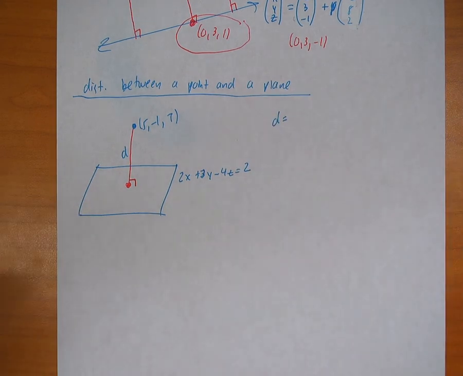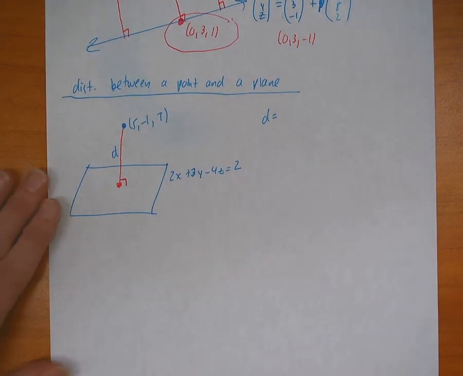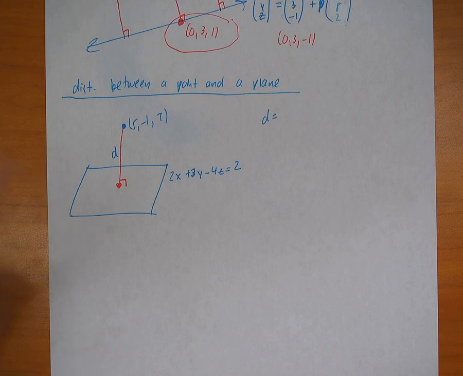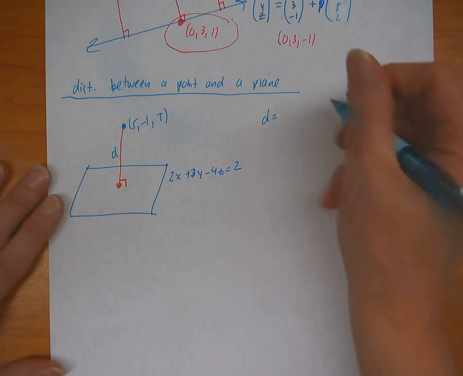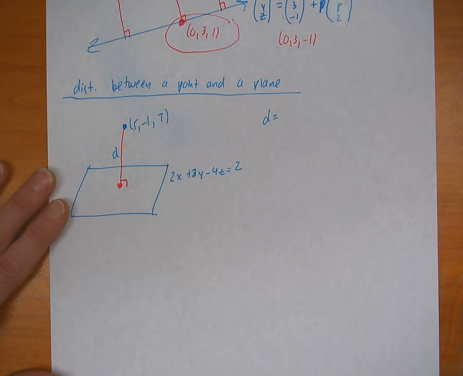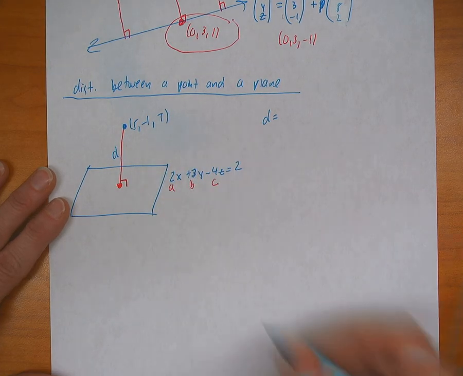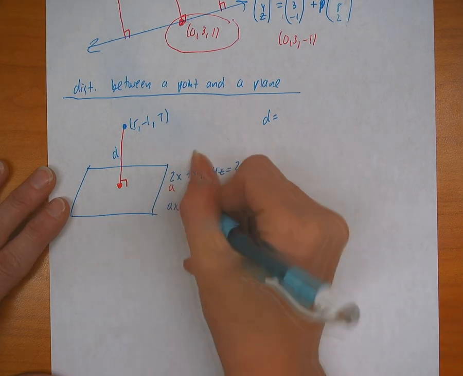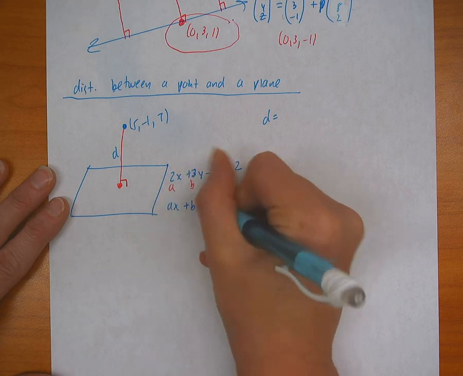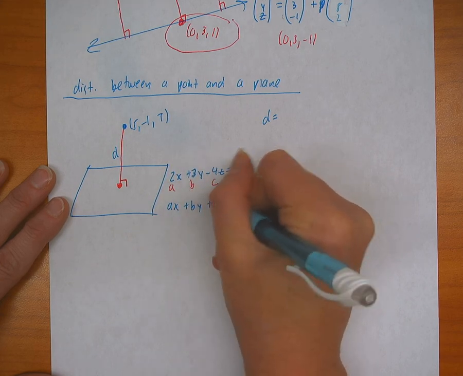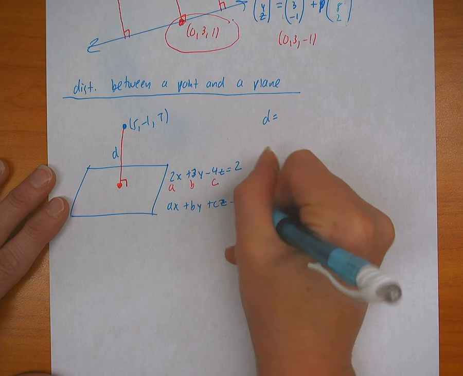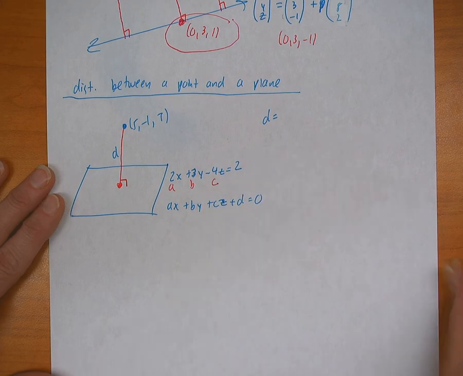This is not in your booklet, so you will want to memorize this formula. And the formula we can use is going to take the A, B, C, and D from the equation of our plane.